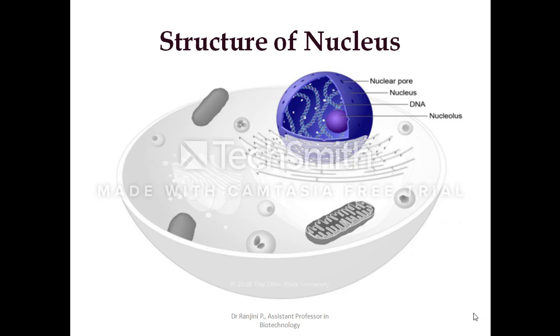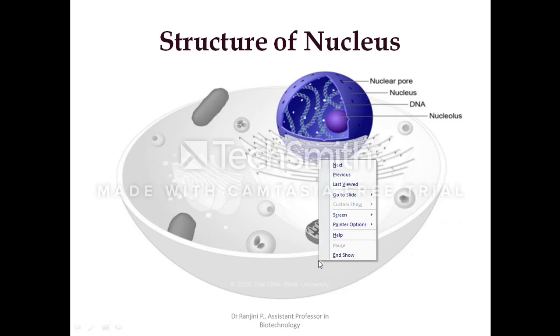In the cell, the nucleus is a membrane bound cell organelle having an outer nuclear membrane and an inner nuclear membrane, and it is not continuous. It is perforated here and there by pore-like structures called nuclear pores.